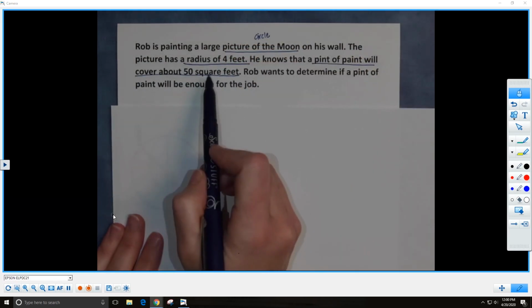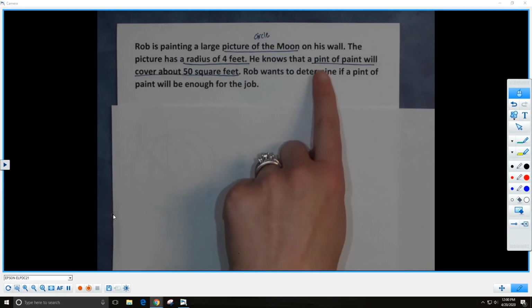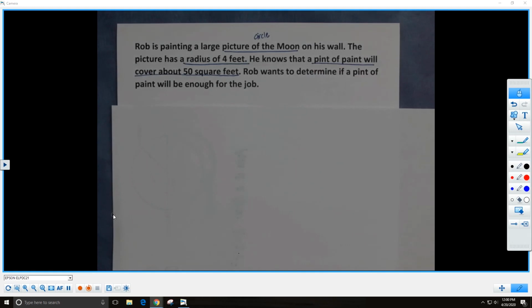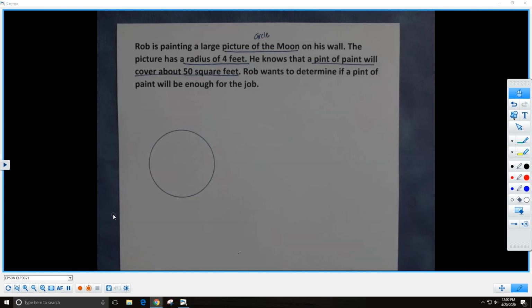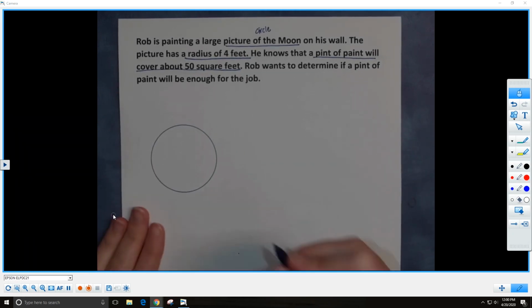Well, what is measured in square feet? Right, it's area. We need to find the area of the picture to determine if 50 square feet, which is approximately what a pint of paint will cover, is going to be enough. Sometimes it helps to draw a picture of the problem. So go ahead and draw a circle. Let's label what we know.